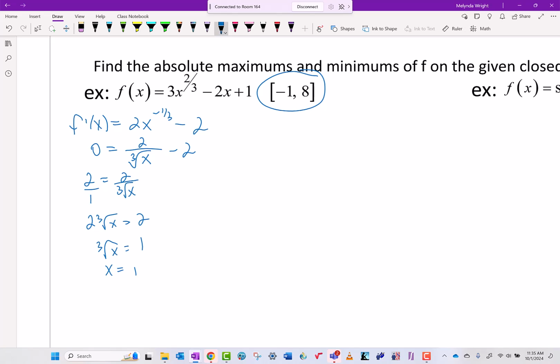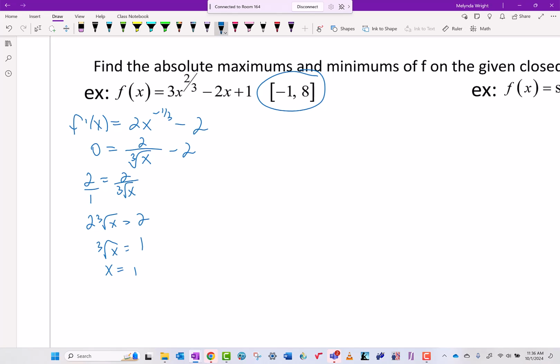Okay, that's a critical number. That's which kind of critical number? That's a stationary point, right? That's where f prime is 0. We need to look for the other kind. The other kind is a singular point. What kind is that? Undefined.